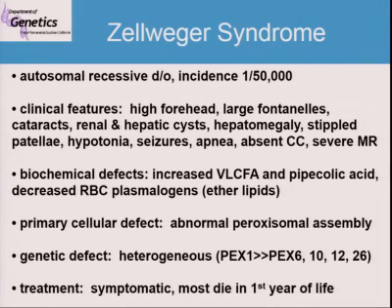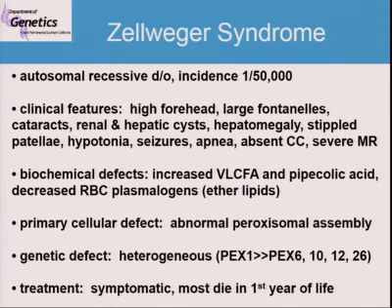So the peroxisomes are little organelles, sort of like the lysosome, and there are many different enzymatic reactions that occur in the peroxisome, one of which is to synthesize very long-chain fatty acids and to metabolize very long-chain fatty acids. These are not measured on newborn screen. Long-chain fatty acids are, but not very long-chain.